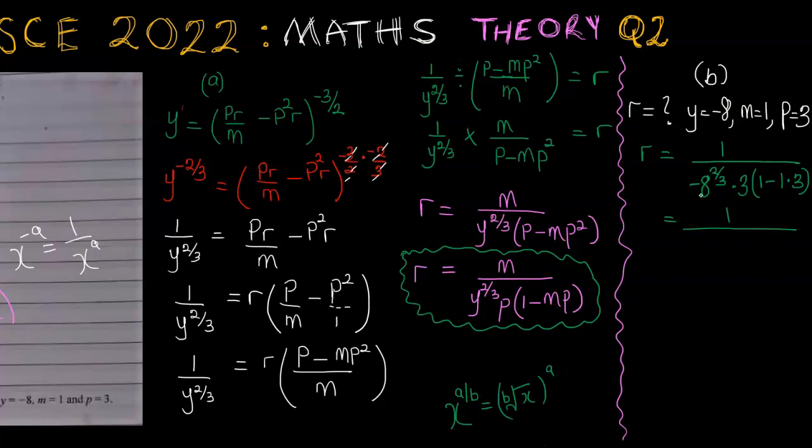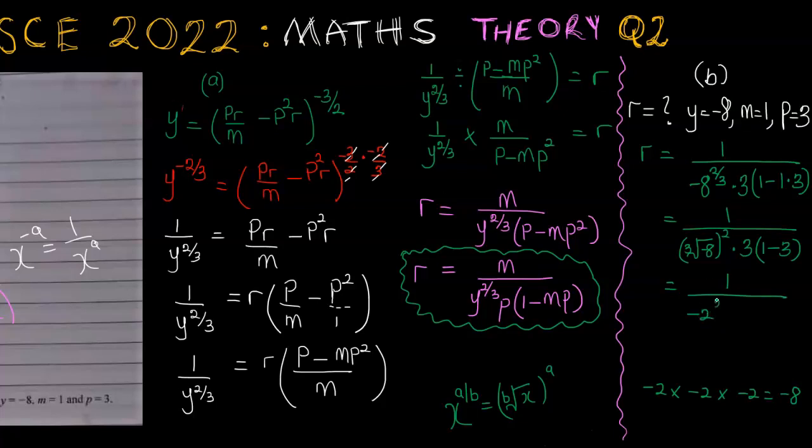Thus, negative 8 raised to the power of 2 over 3 is going to be the cube root of negative 8, raised to the power of 2, times 3 brackets, 1 minus 1 times 3. The cube root of negative 8 is negative 2 because negative 2 times negative 2 times negative 2 gives negative 8. So this is 1 over negative 2.